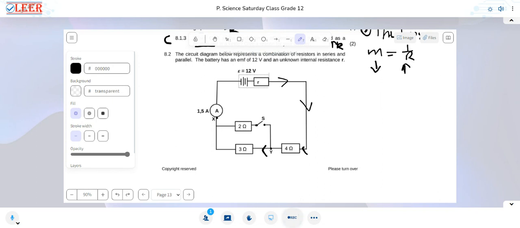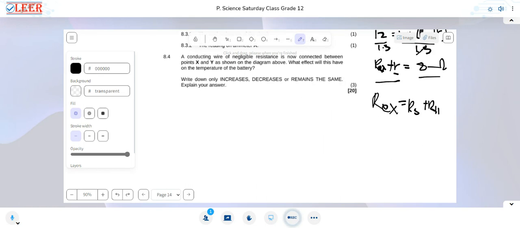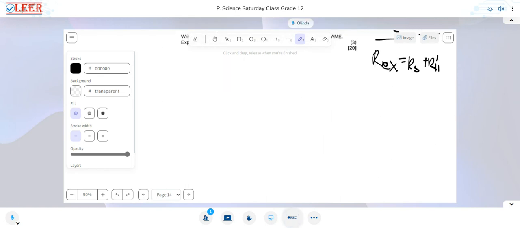So it's going to flow this way, that way, and all the way back to here. So we only have resistance in series, and we don't have anything in parallel.